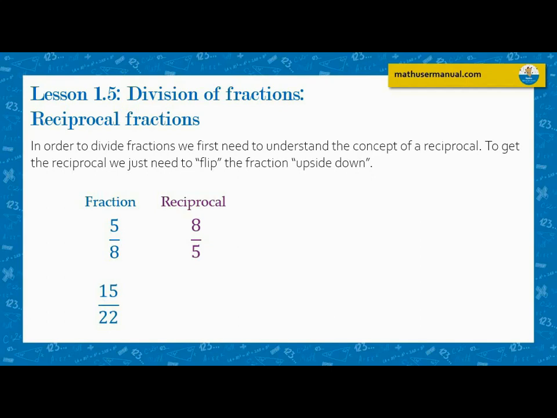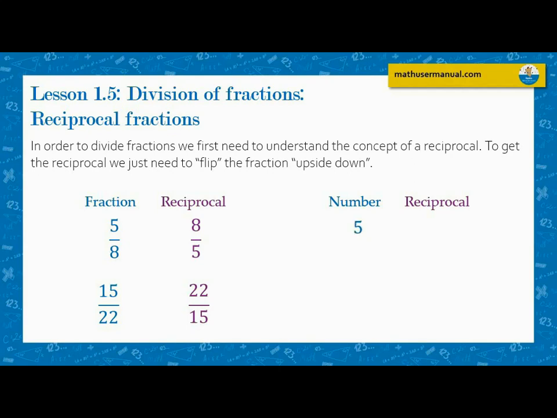Let's do it one more time. 15/22. 22 is the denominator, so we move it up to the numerator. And 15 is the numerator, so we move it down to the denominator. So the reciprocal of 15/22 is 22/15. But we can also get the reciprocal of numbers, not just of fractions.